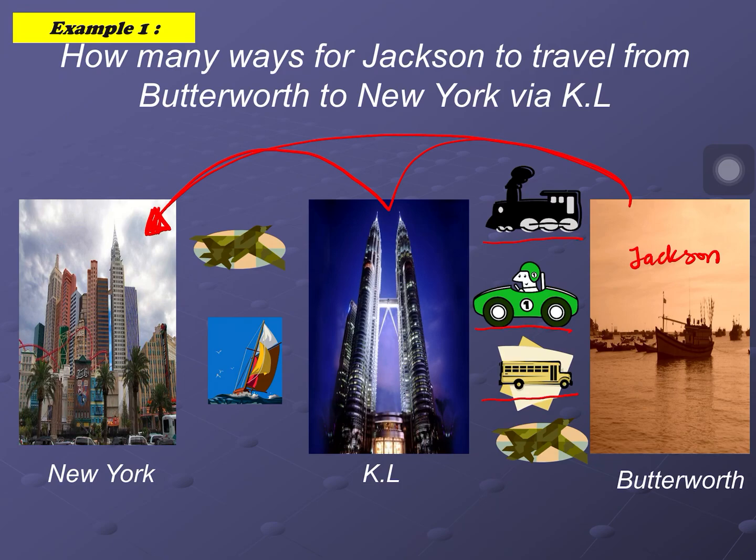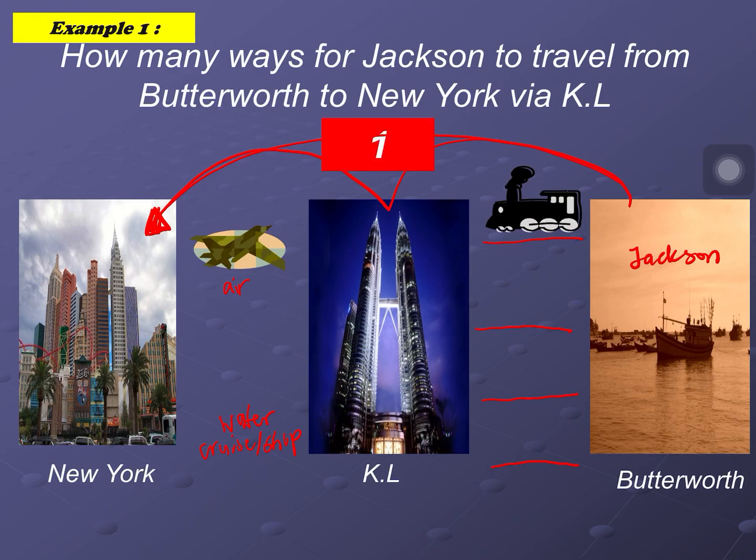It's either by train, by car, by bus, or by flight. From KL to New York, there are only two ways, by air or by water. It might be a cruise or ship.